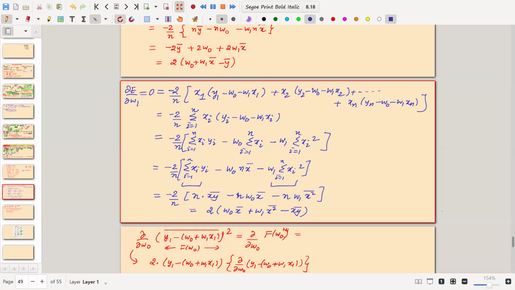We are not taking n here. We are writing summation of xi as n into x bar. Is that not true? X bar is summation xi by n, so summation xi is nothing but n x bar.